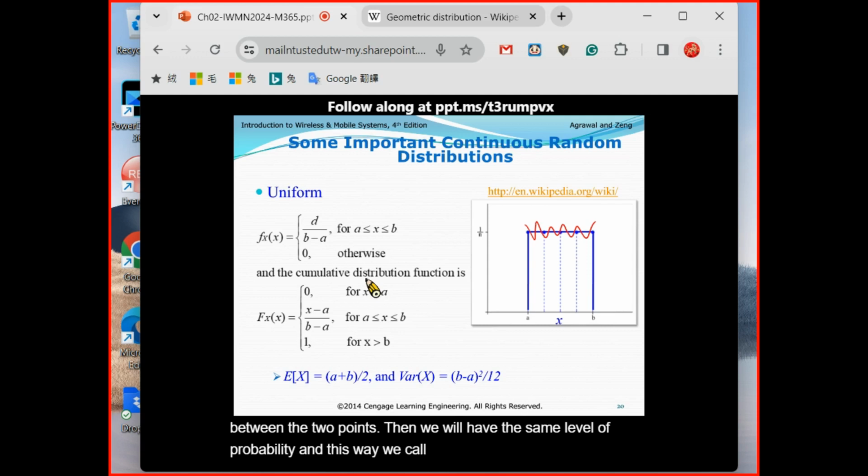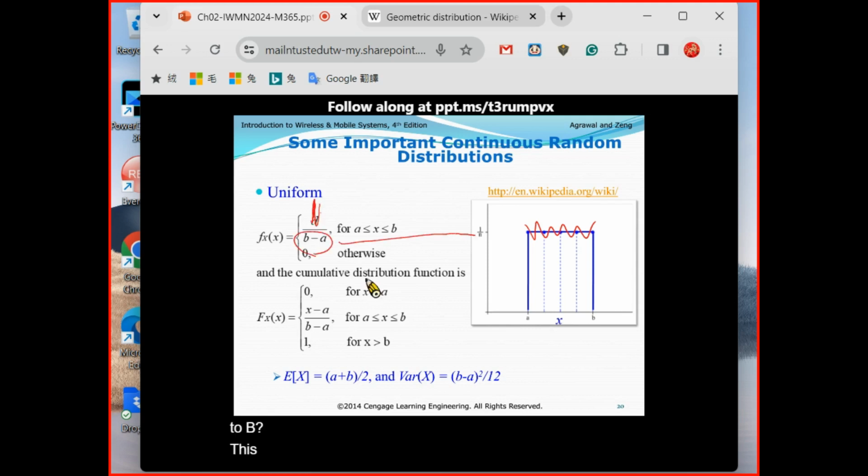So we just find a value in between A and B. What's the probability? It equals this. This is 1 over B minus A. And this is the CDF if we are asked for a CDF.